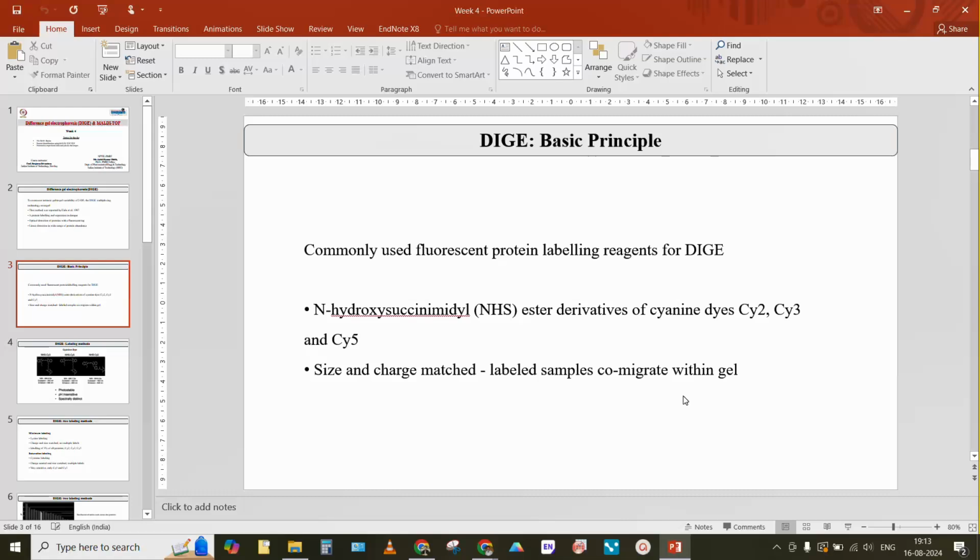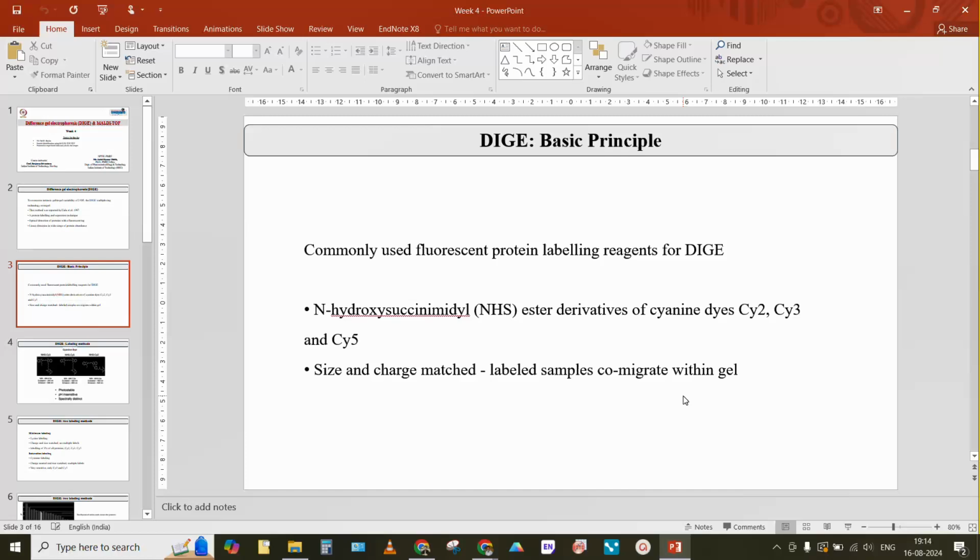We'll go through briefly the principle involved in DIGE technology. We have to discuss how to do the protein labeling, and then the need for internal standards. Let us talk step by step. The labeling reagents for DIGE are the N-hydroxysuccinimidyl or NHS ester derivatives of cyanine dyes such as Cy2, Cy3 and Cy5.